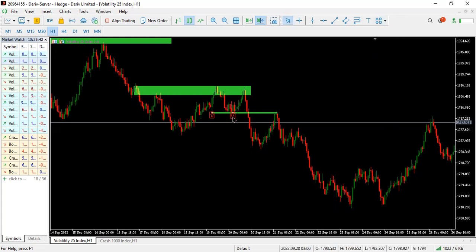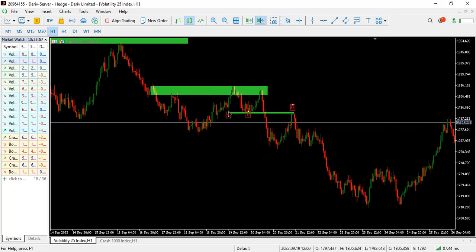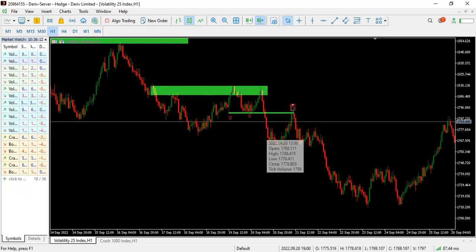I'll just put this one here. So now you can see what happened this side. First time, second time. Remember now, this one, it's our support. It was broken here. The price went up to test again as a resistance.